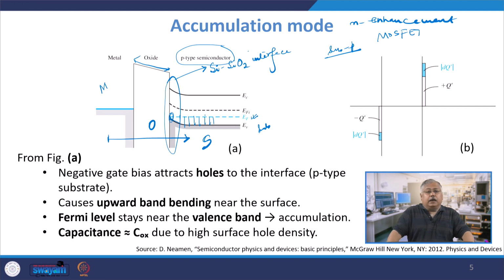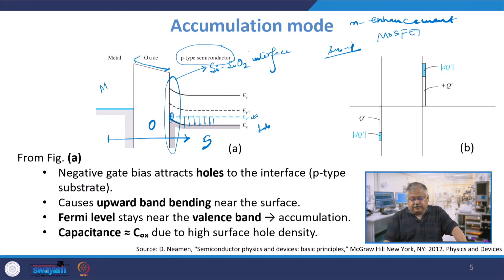So, when you plot a metal oxide semiconductor structure, you see that there will be a big attraction of holes towards the interface on the P side, and that causes the upward bending of the bands near the surface. That is what is happening here, you see. And near the interface, the Fermi level is closer to the valence band, implying that your number of holes are relatively larger near the interface as compared to in the bulk. This mode is referred to as an accumulation mode, where you are accumulating p-type charges.